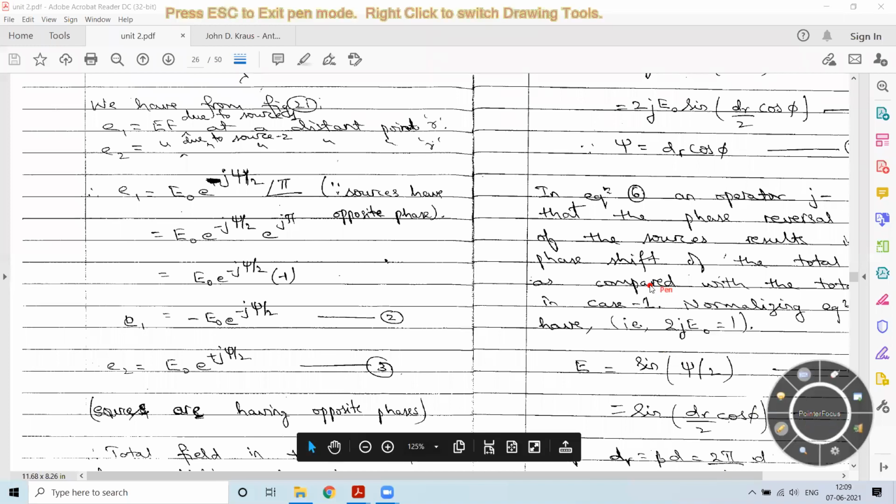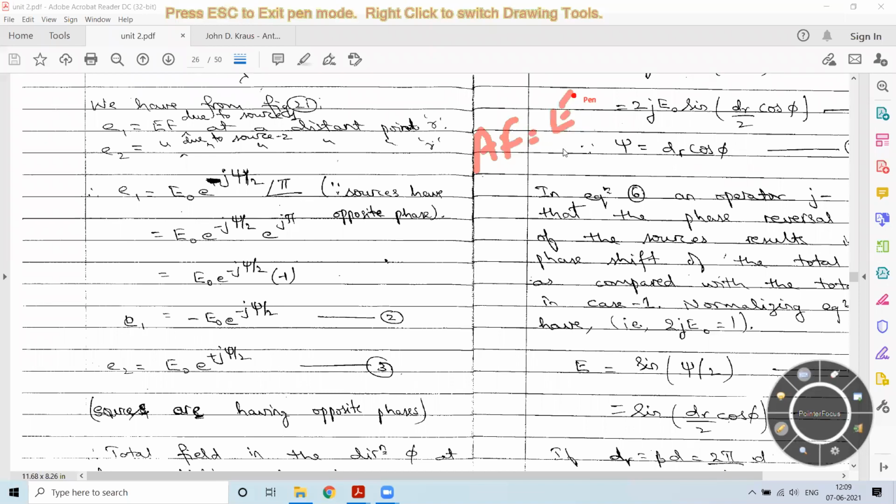Now what is the array factor we have? For this condition, the array factor is E divided by E max. What is the maximum value of this one? You take the magnitude of this.